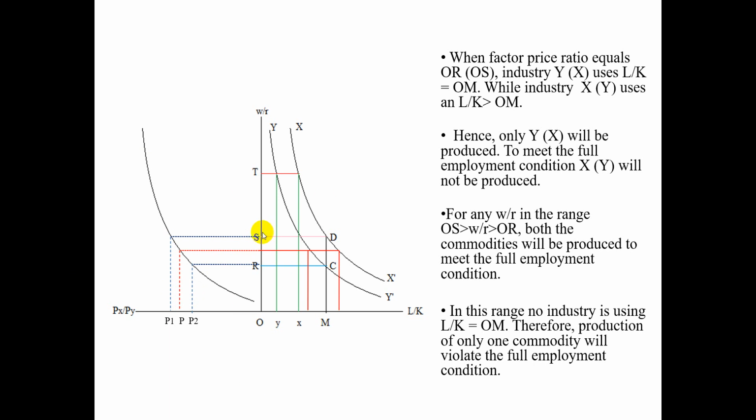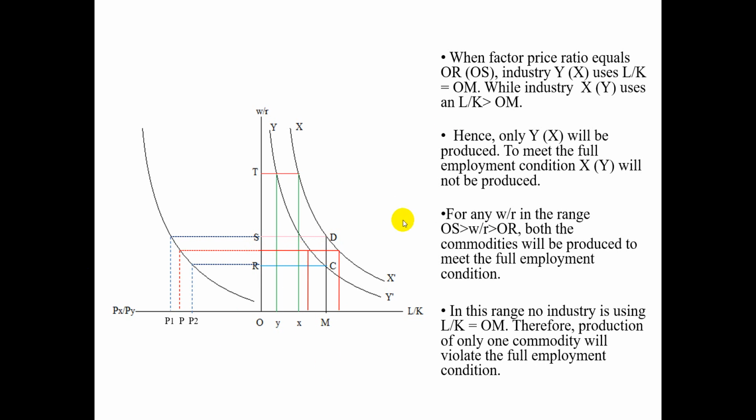Now, if the wage rental ratio lies in between S and R, suppose it is given by this red line, then what happens? Then both the commodities will be produced. So if we consider this red line, then Y will be produced here.